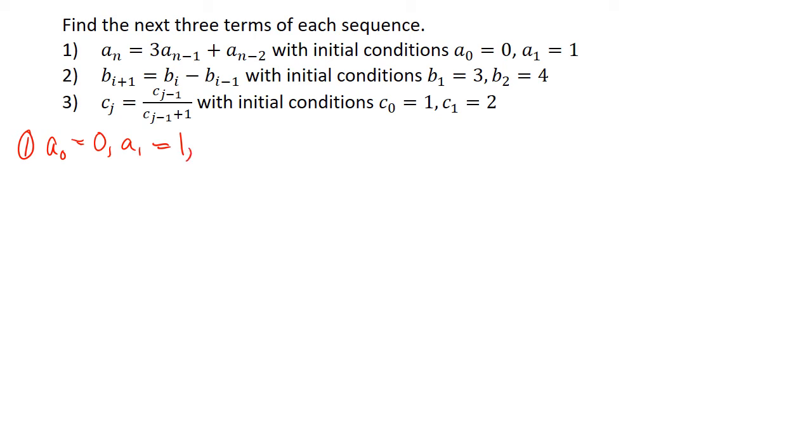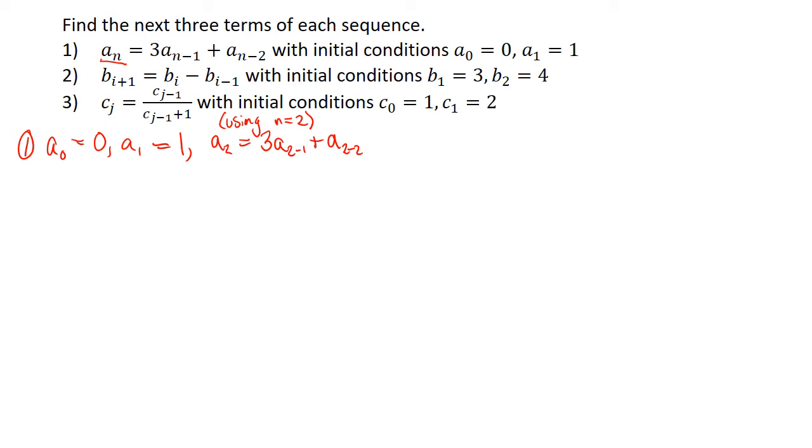So how are we going to get A2? If I want A2, I have to use this formula here that tells me the value of any A. So I'm using n equals 2. Basically I'm just plugging n equals 2 into that formula. So then I'll get A2 equals 3 times A2 minus 1 plus A2 minus 2.